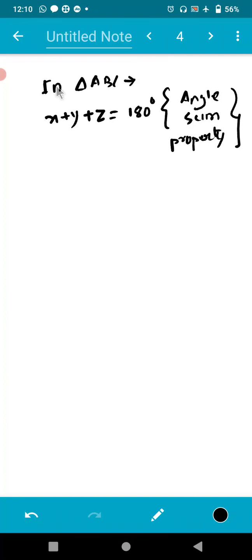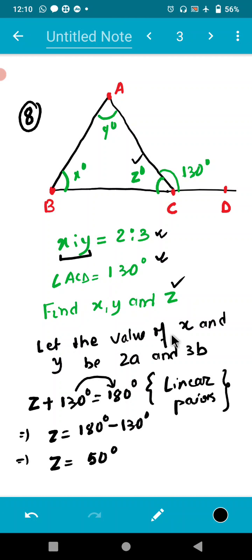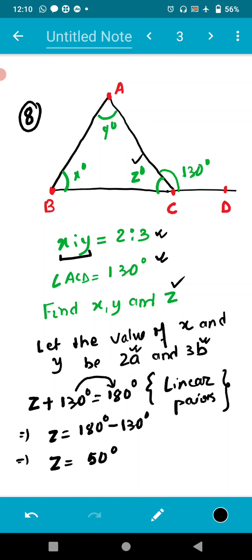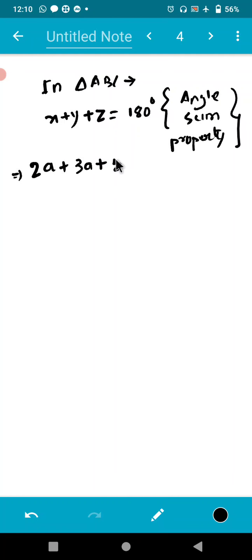Now what is the value of x we have taken? The value of x is taken as 2a and y is taken as 3a. So in place of x we will put 2a, and in place of y we will put 3a, plus z is what? What is the value of z? Z is 50 degrees. So we will put 50 degree in place of z, equals 180 degree.